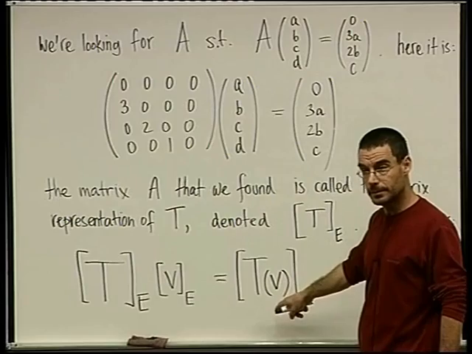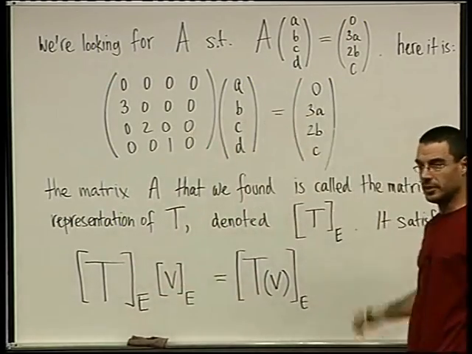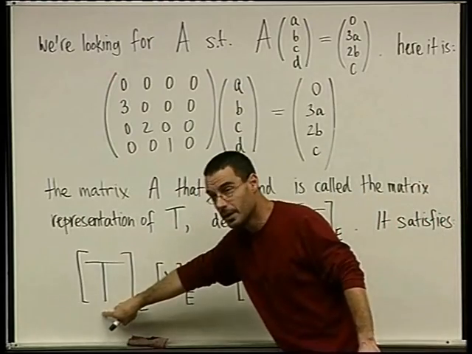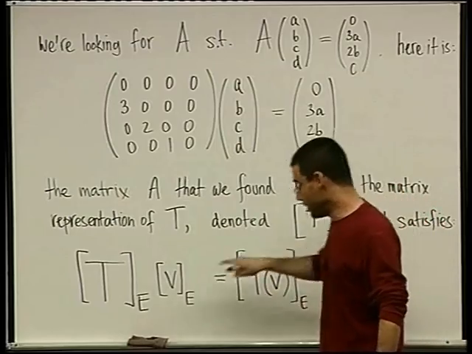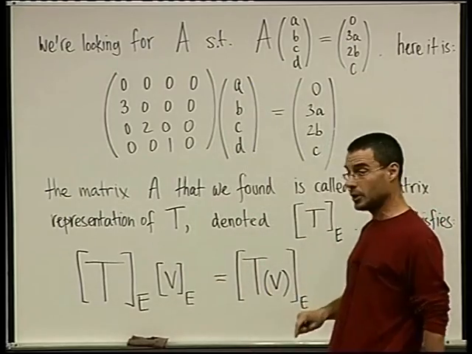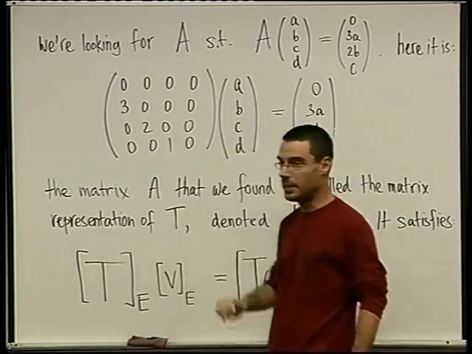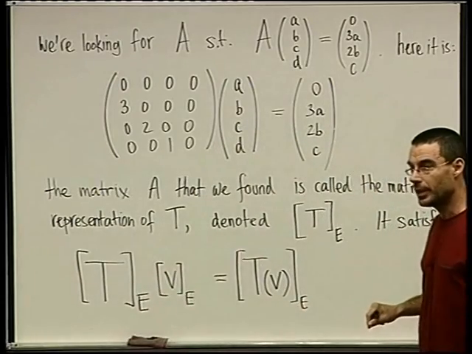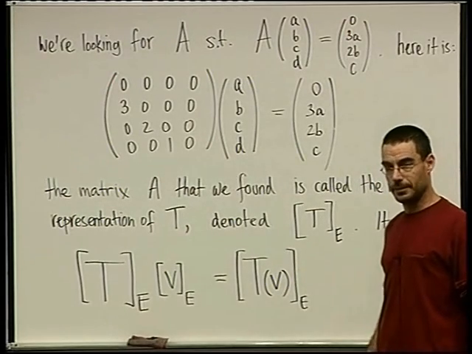Good? So it's just notation for saying precisely that statement. If you want v in coefficients and T of v in coefficients, then T is represented by a matrix with respect to the given basis. Okay? So is everybody not scared of this anymore?